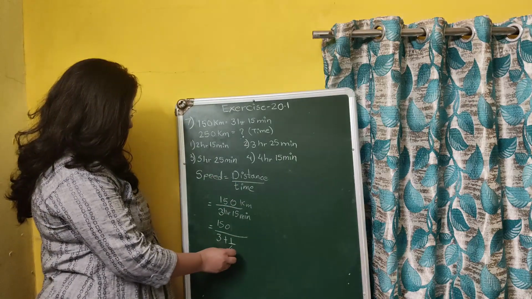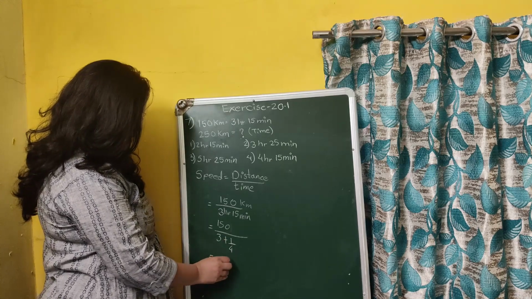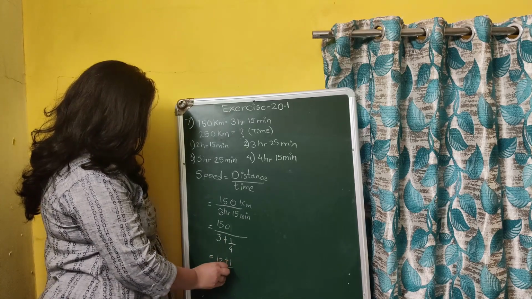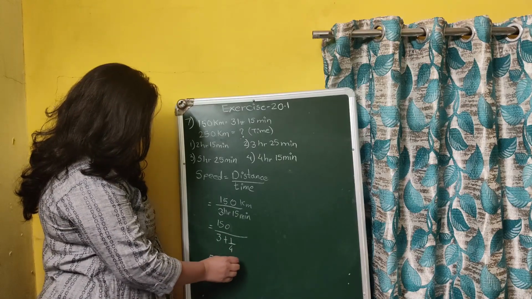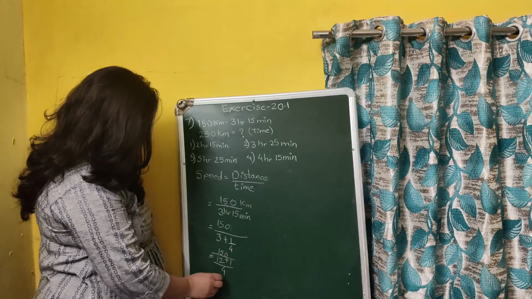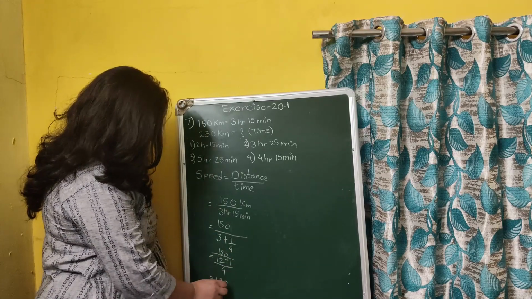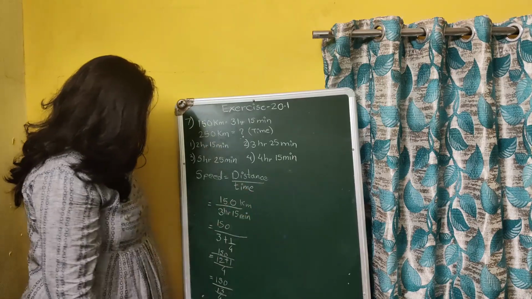Now, 4 3s are 12 plus 1 upon 4. That is, just a minute, 150 रहेगा यहाँ पे. Okay, 150 and 12 plus 1 is 13 upon 4.